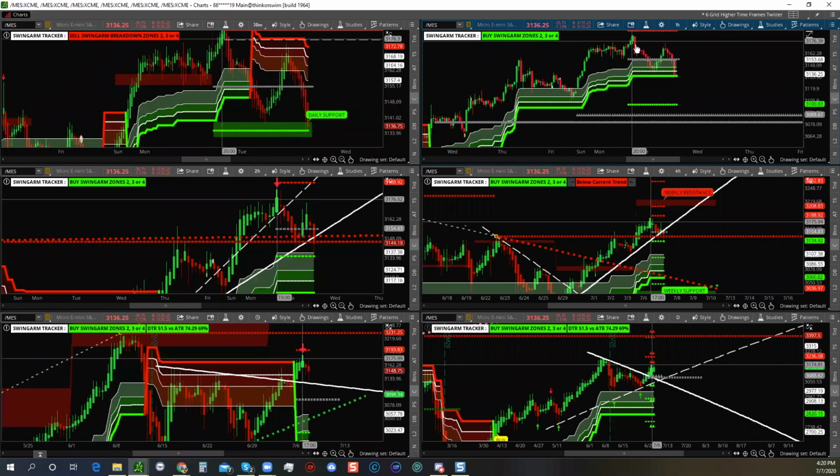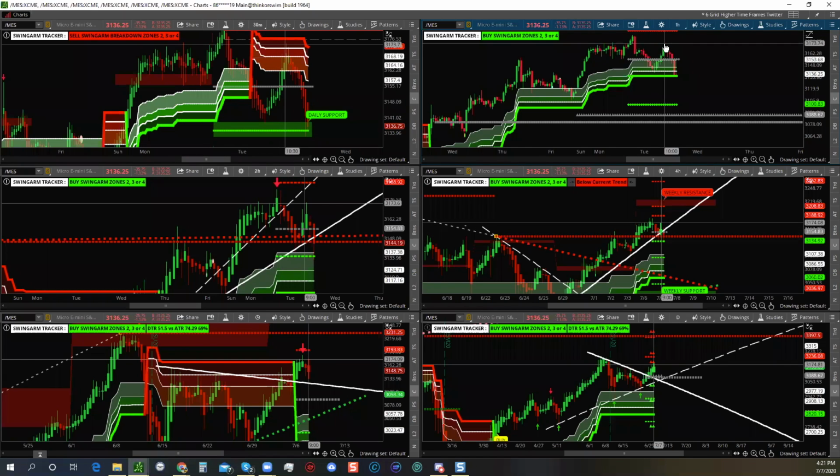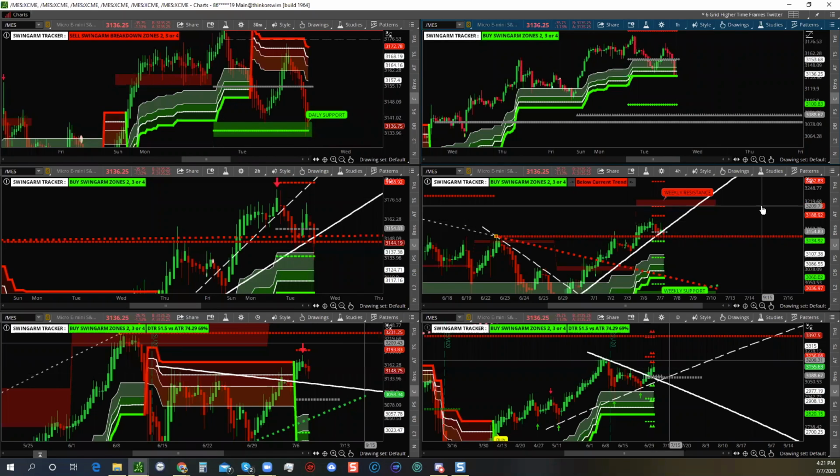And you can see it, price came to the 1 hour, 4 hour zone, zone 4, bounced from it to the 30-minute zone 4, and came back down to the zone 4. So this is a forward-looking indicator where you can see the levels where price is going to bounce from and bounce to. Okay, I hope that answers your question.